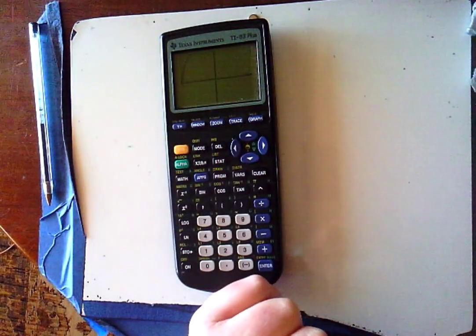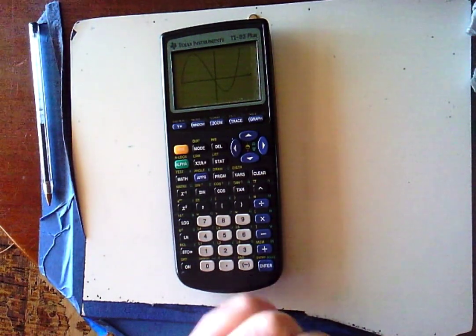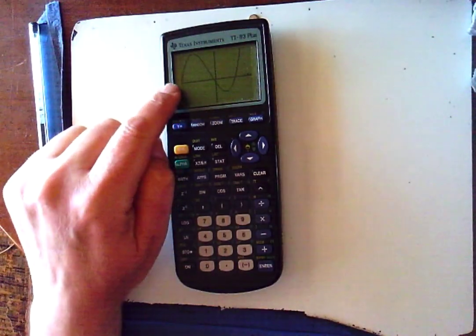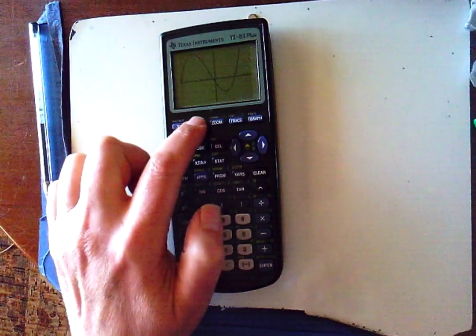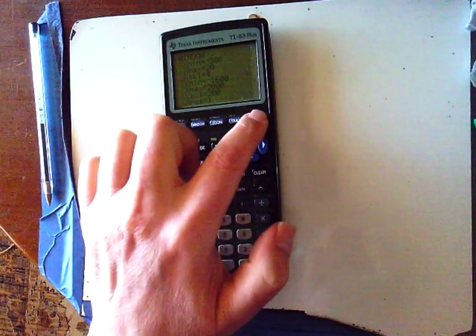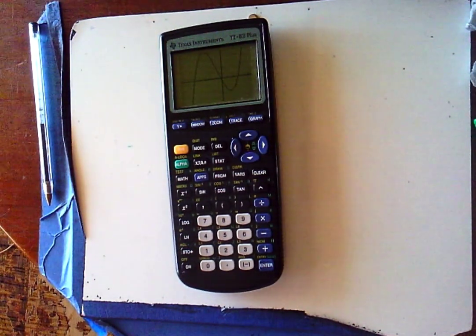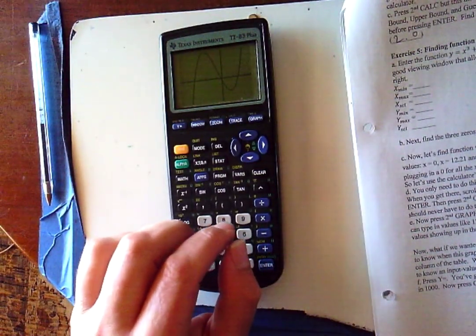Graph. Hey, I think I've got a decent viewing window now. I might want to push it a little more to the left because this picture over here shows some stuff going below the x-axis. So maybe negative 30 would be better. Okay, so I think I went through the process of finding a good viewing window.